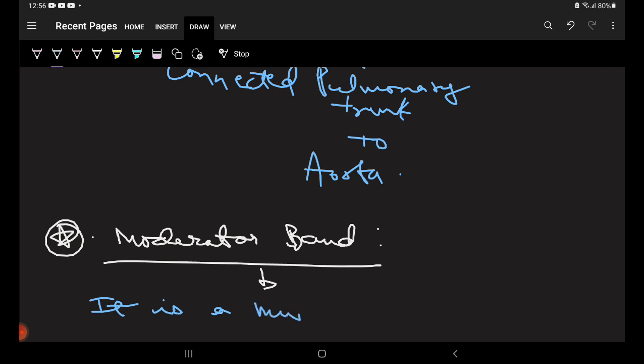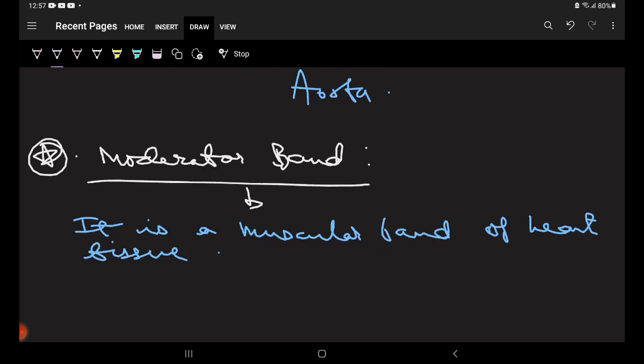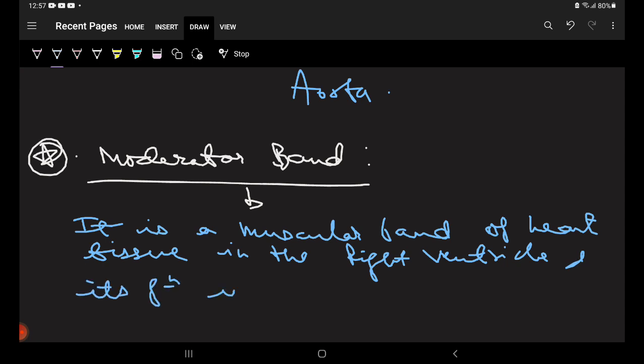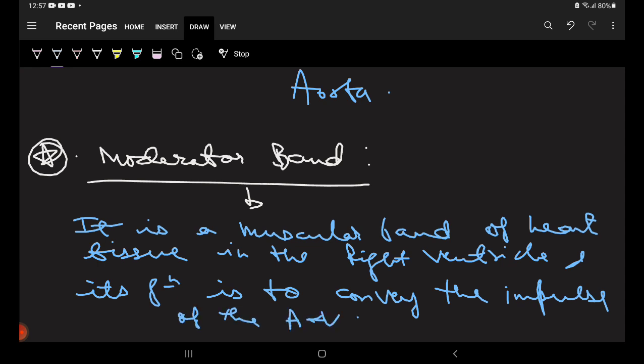It is a muscular band of heart tissue in the right ventricle of the heart, and its function is to convey the impulse of the AV bundle. So that is the moderator band.